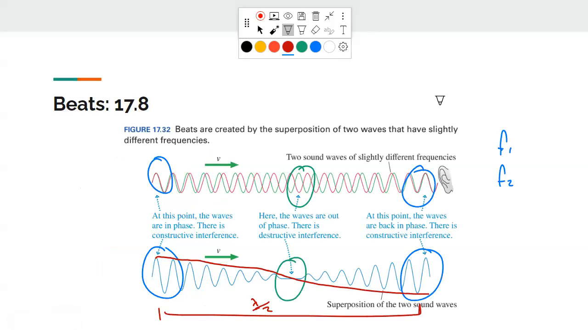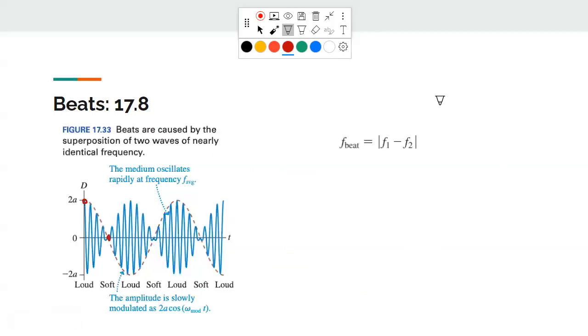And so when you have beats occurring, what happens is, you can play, and this is a tool sometimes used in tuning musical instruments. So you can play a note like on a piano, you press a piano key, and then you could have a speaker play the sound you want that piano key to produce.